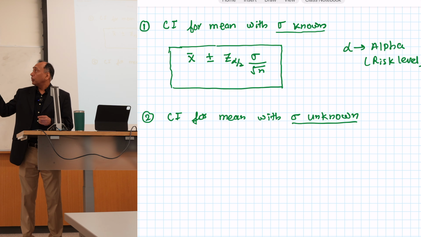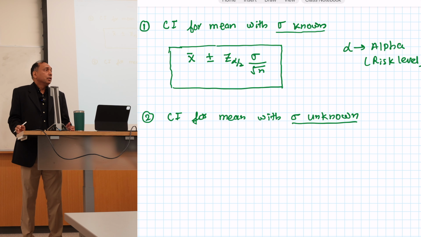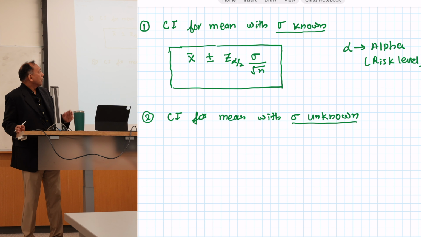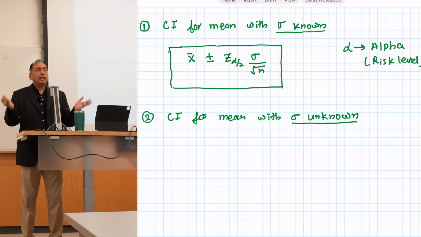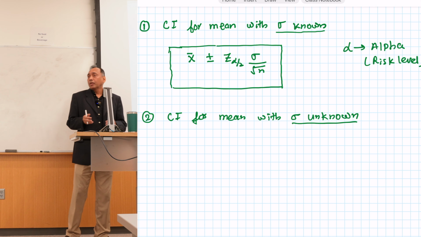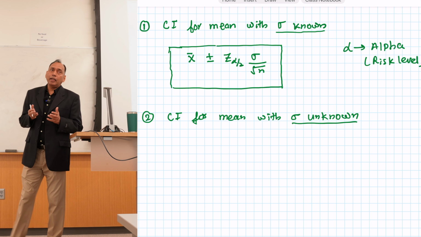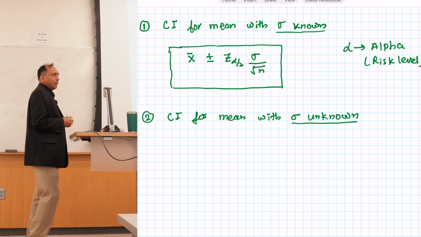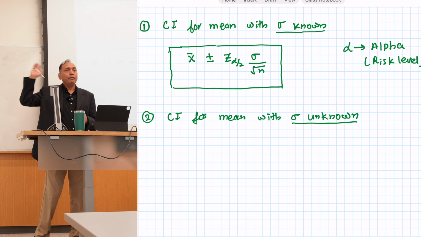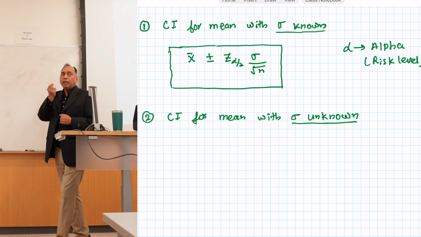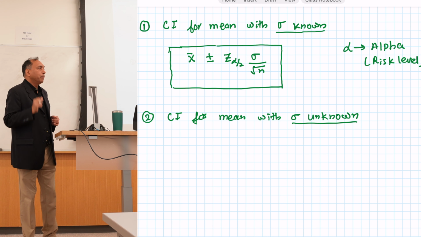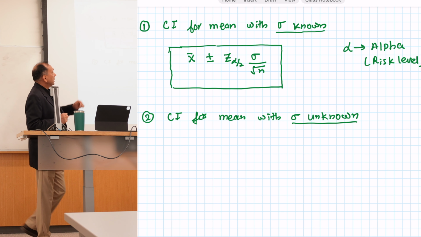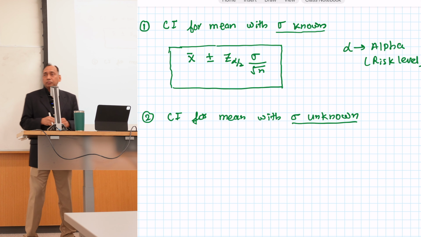So sigma is a population value we may not know. What we mean by sigma known is that if that kind of data is getting collected in a business, in a company, like almost on a daily basis for last 4 or 5 years, they have a very good idea about what variability to expect. So in that sense, sigma is known.